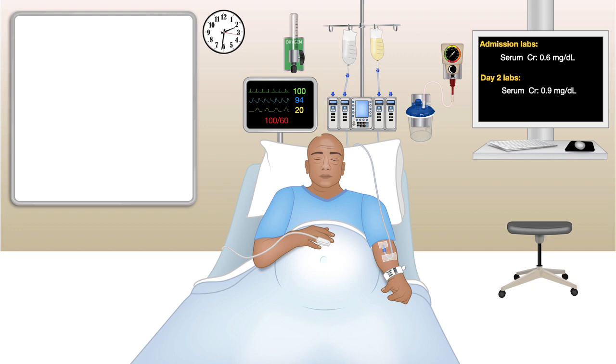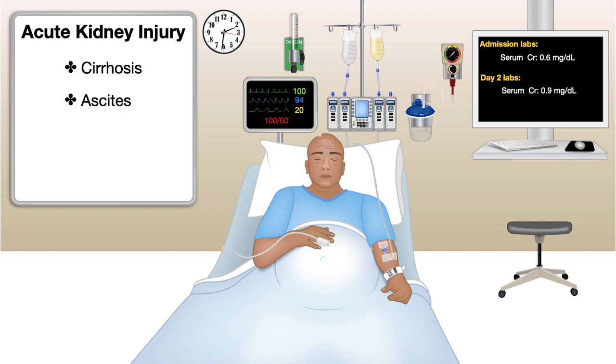Although the serum creatinine value will not have any highlight to say it is abnormal, in patients with cirrhosis, a jump of 0.3 milligrams per deciliter from baseline within 48 hours indicates acute kidney injury in a patient with cirrhosis and ascites.